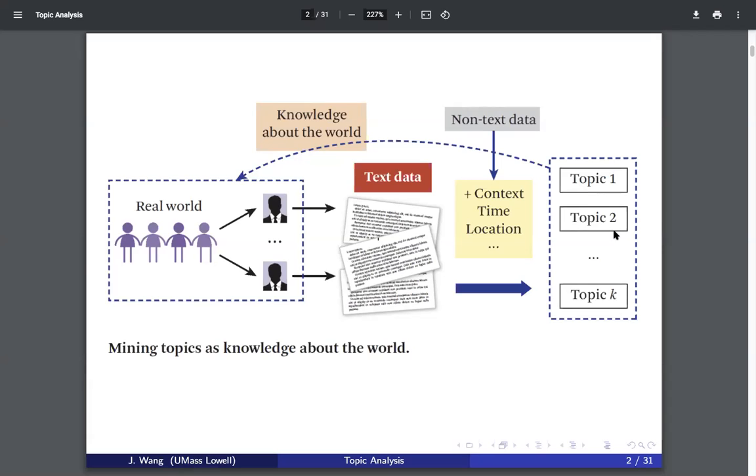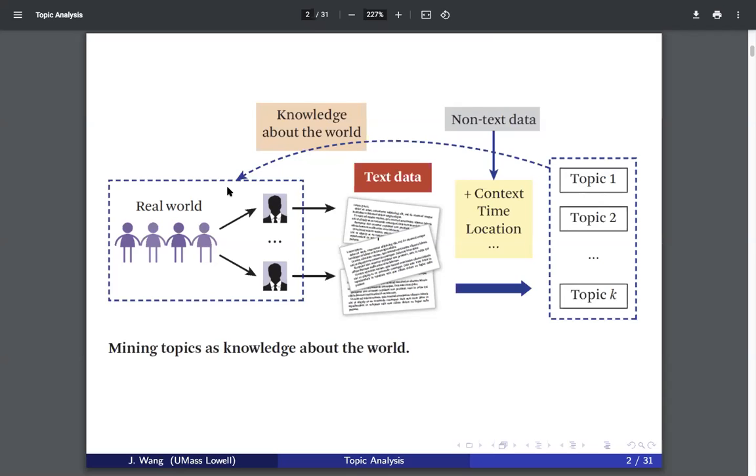These topics can then be used as actionable knowledge to go back to the real world and apply. You may decide to read further, or if it's something about politics, you may add on some recommendations or policies.